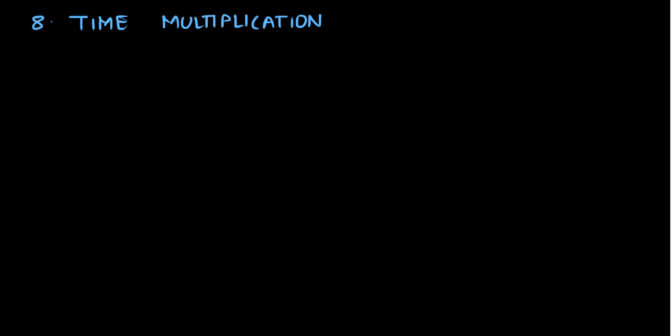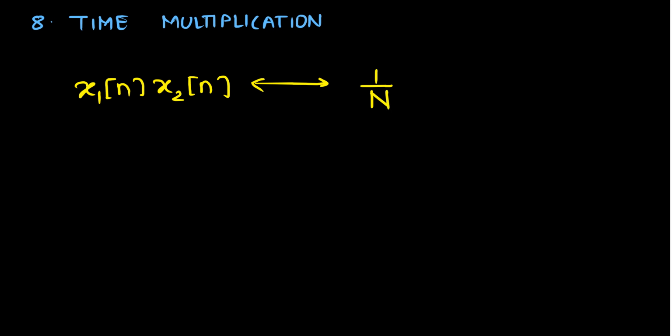Now if we have multiplication in time domain, that is if we have x1 of n multiplied by x2 of n, then what we'll be getting in the frequency domain would be a circular convolution, scaled by a factor of 1 by N, that is 1 by N into X1 of k circularly convolved with X2 of k.